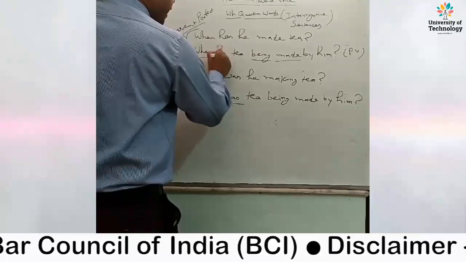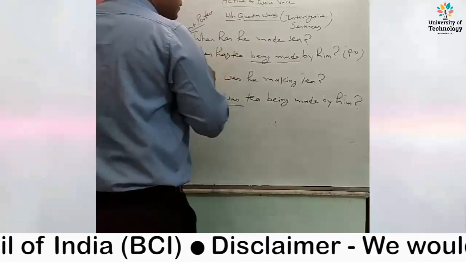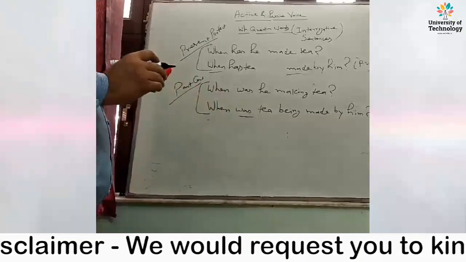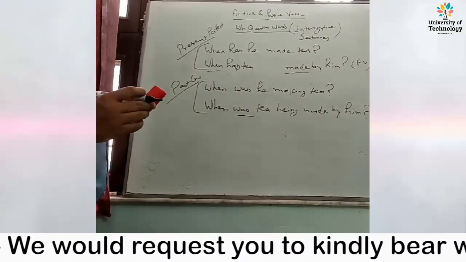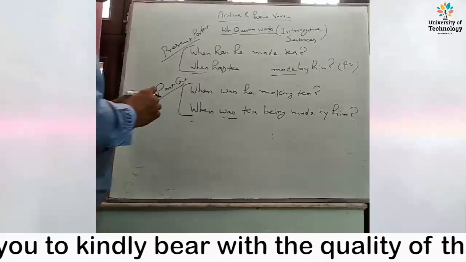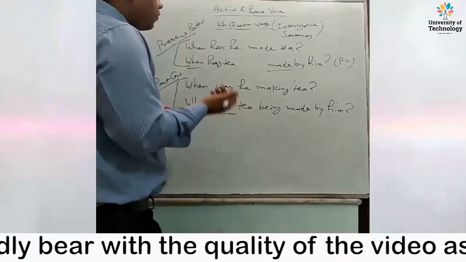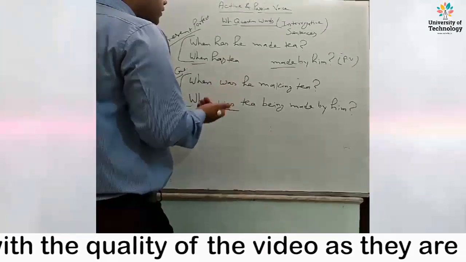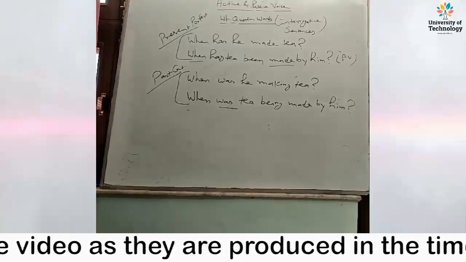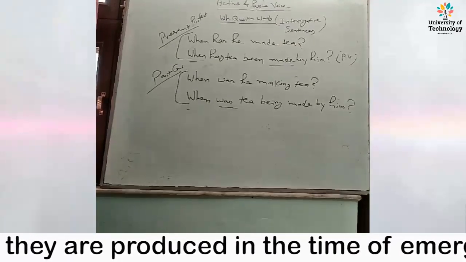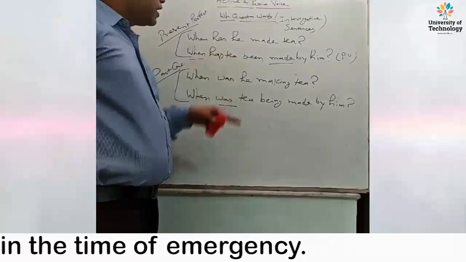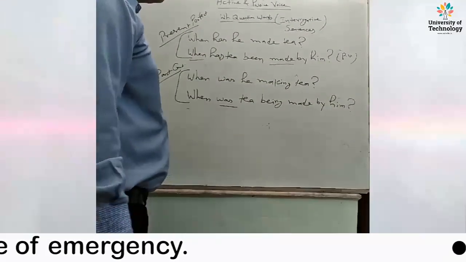When has tea made by him? Is it right? No, we are forgetting something. We are forgetting been. When has tea been made by him? Because when we convert has into passive voice, we have to use has been or have been.